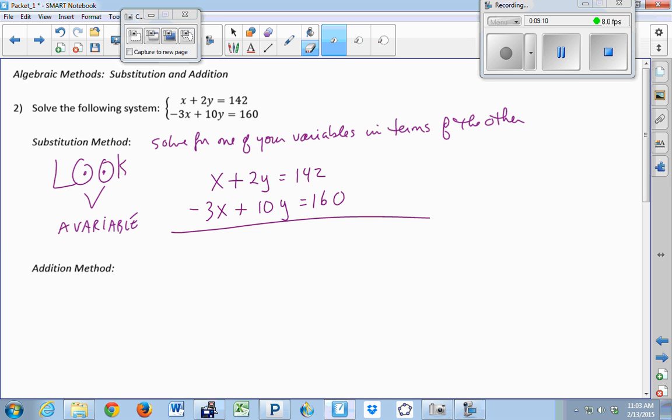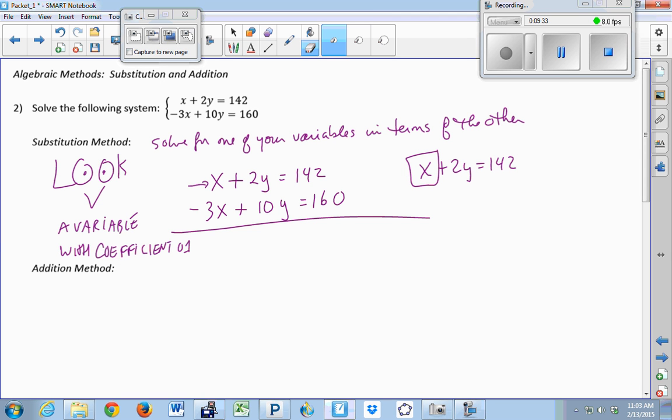A variable with a coefficient of 1. And notice right here, you have that variable. That's why Fabian picked that one. He pulled this aside and said, this is going to be really easy to solve for in terms of y.